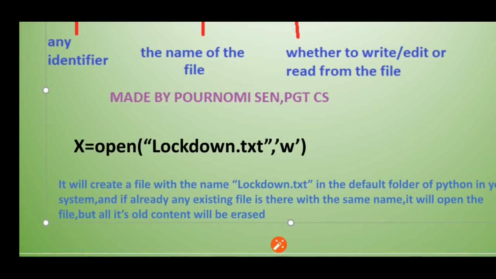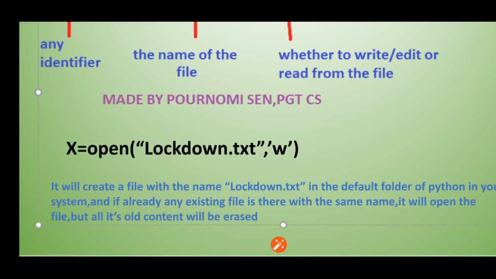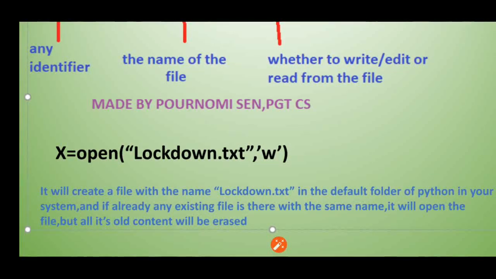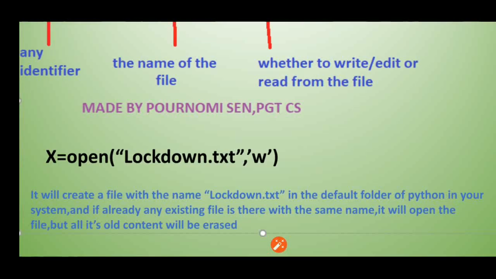What it will do is create a file with the same name, lockdown.txt, in the default folder of Python in your system. And if there is already a file with the name lockdown.txt, it will open that particular file, but all the old content will be erased from it.